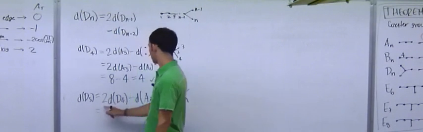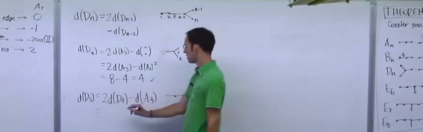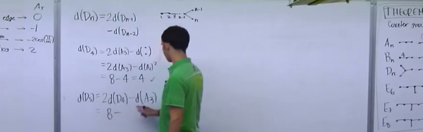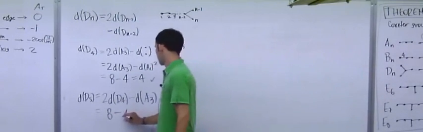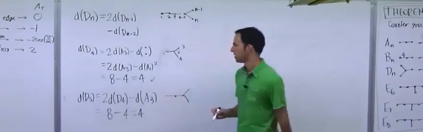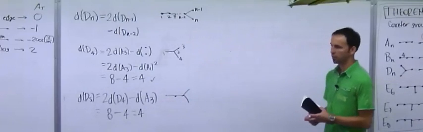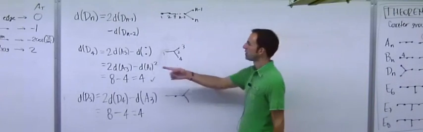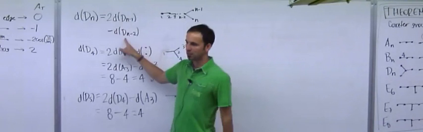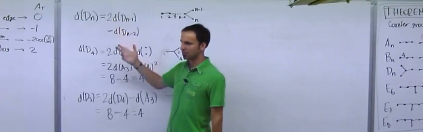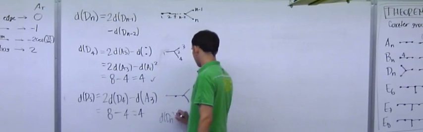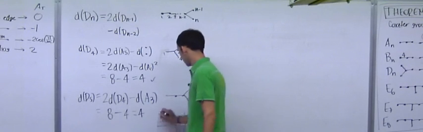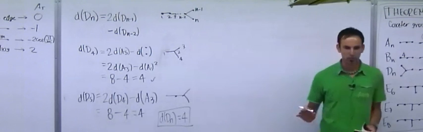And so what we get is 2 times 4 is 8, minus d of A3, which is 4, so we get 4. So d of D4 is 4, d of D5 is 4, d of D6 is 2 times 4 minus 4, 4, etc. By induction, it follows that d of Dn is 4. Positive. So that's good.